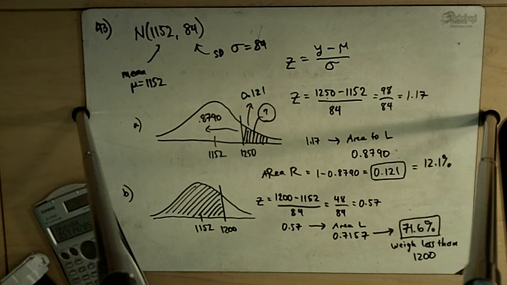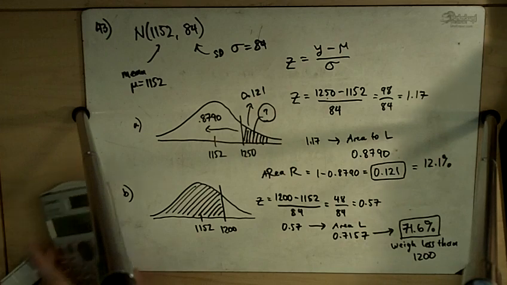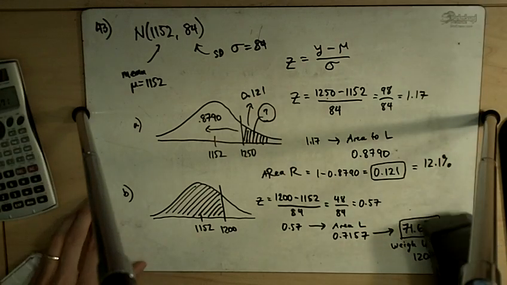Part C asks, what percent of steers weigh between 1,000 and 1,100 pounds? I'm going to have to erase some of the work here.